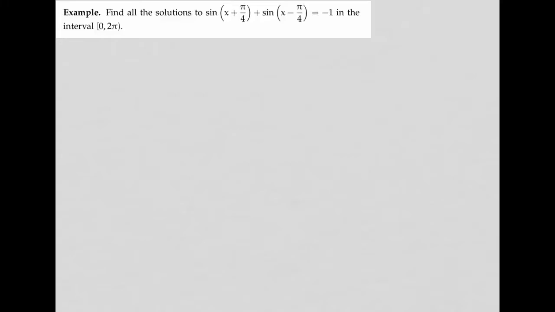So sine of x plus pi over 4 is sine x cosine pi over 4 plus sine pi over 4 cosine x. This is sine of x plus pi over 4, plus.